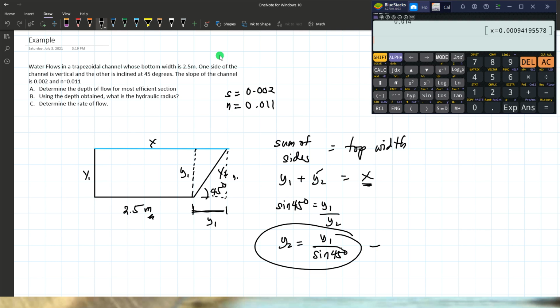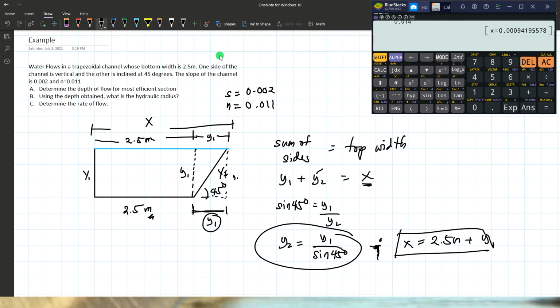Yes. This total top width x is just the sum of 2.5 meters and the horizontal component of this hypotenuse y sub 2, which is y sub 1. Therefore, another equation is x equals 2.5 meters plus y sub 1.